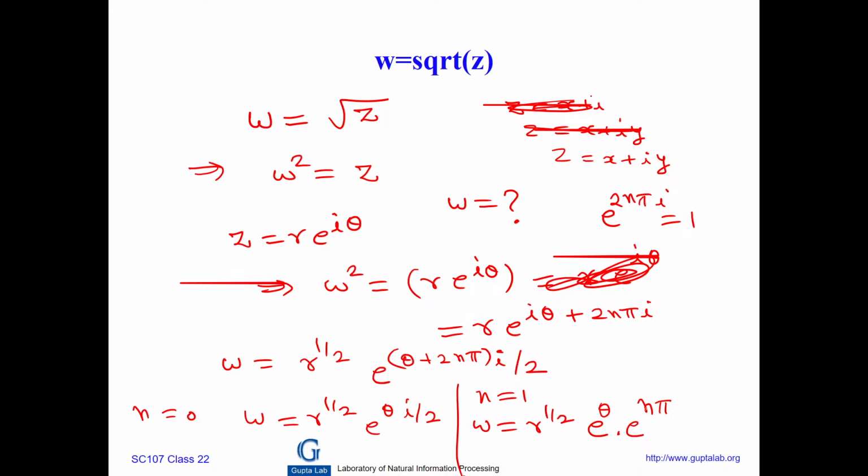Sorry, n is 1. It is e raised to power pi i, right? Is that right? Is something wrong? It will be theta by 2.